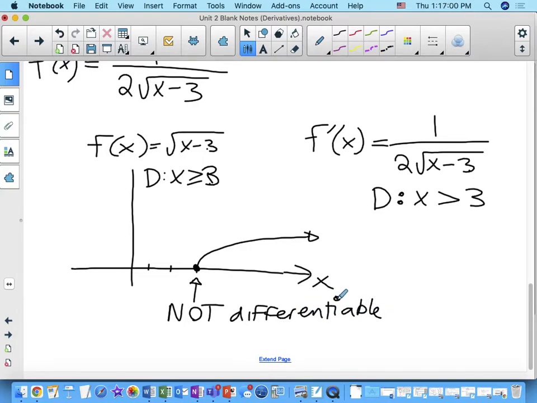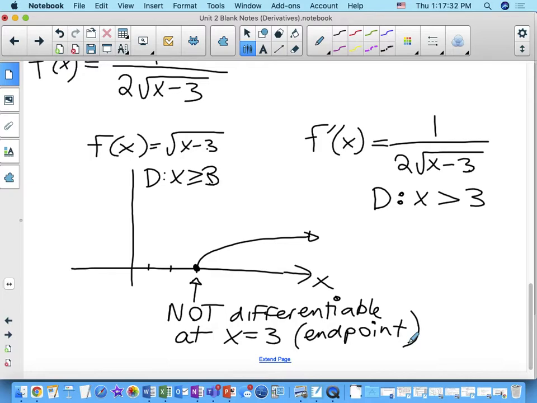Differentiable means that there's a derivative there. The derivative exists there. You can create a tangent line there with a specific slope at x equals 3, which is the end point. Okay? Anywhere else where it's continuous and there's like a curve to it, the derivative will exist.